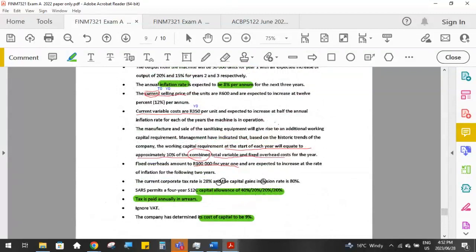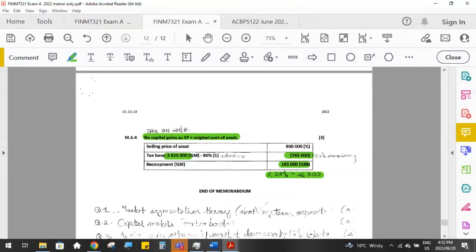That gives the taxable portion of the capital gain. That's if we had sold it for 4 million and not 800,000. So no capital gain if the selling price is less than what you paid for it, and if you sold it for more than you paid for it initially, you will have a taxable capital gain as well as your recoupment.